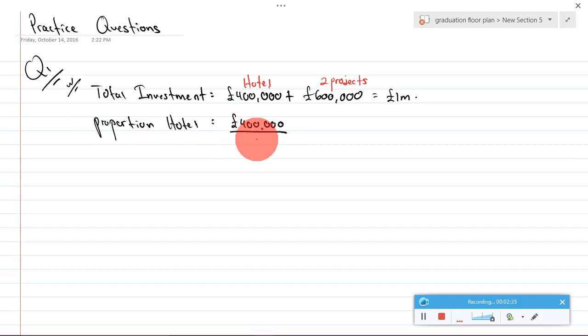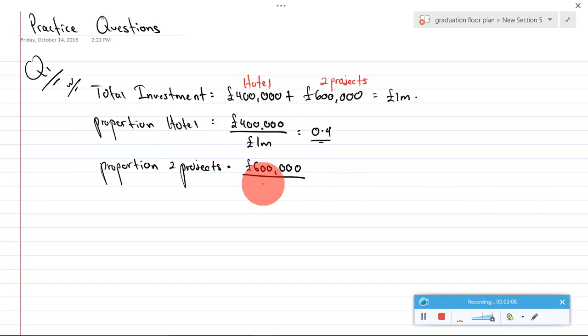Correct? Proportion for the 2 projects, 600,000 divided by 1 million, how much you get? 0.6. That's it. Find the proportion first. That will be the first step.